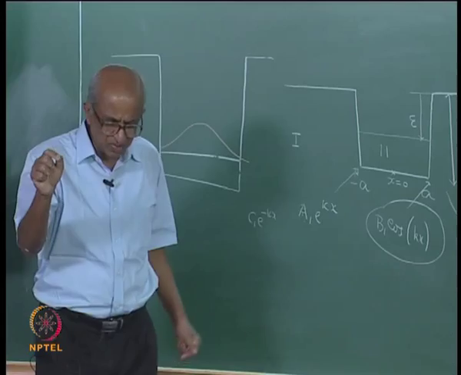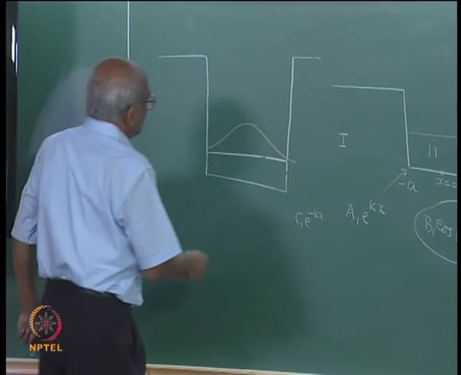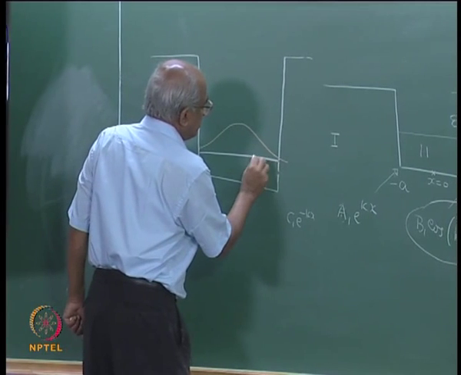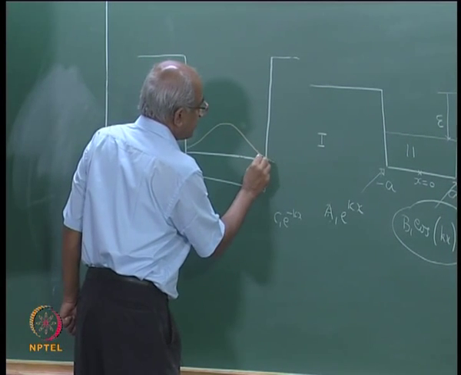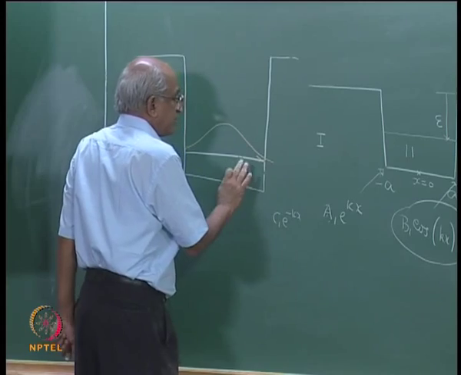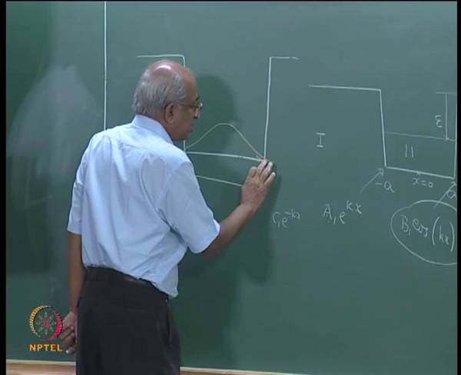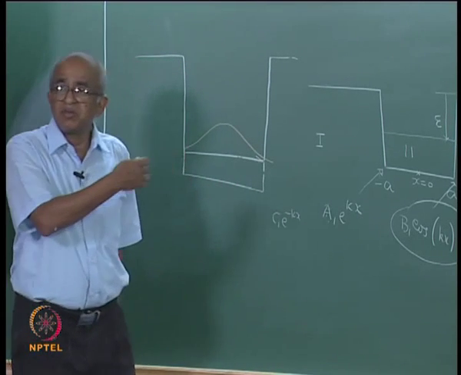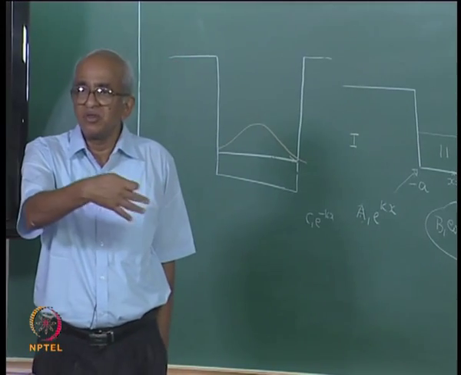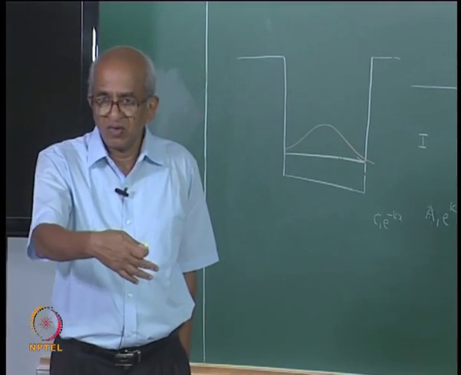Well, I think I should modify what I said. See, this particle, classically speaking, will hit this potential wall and be reflected. So, it does not enter into that region, correct.